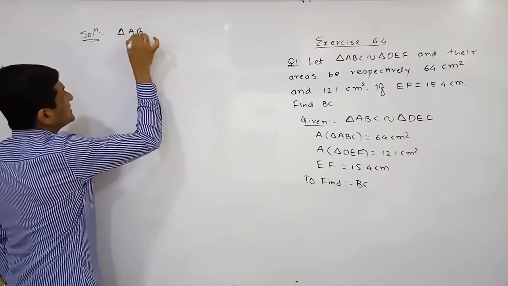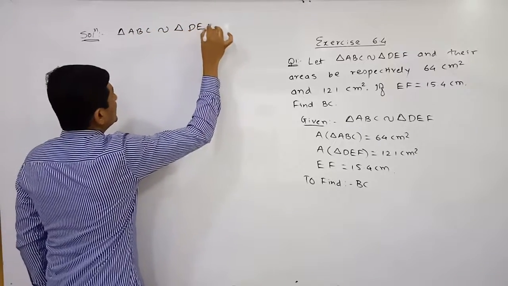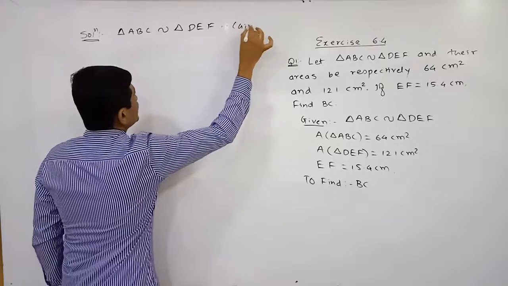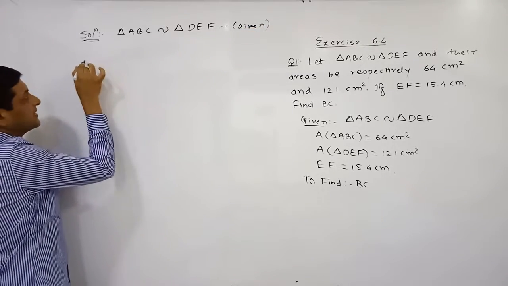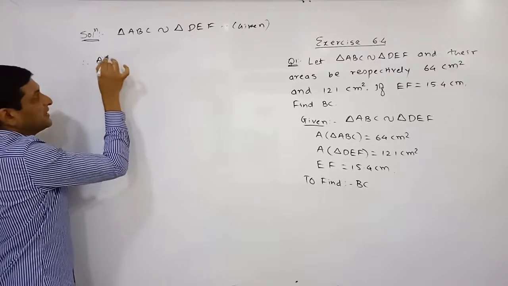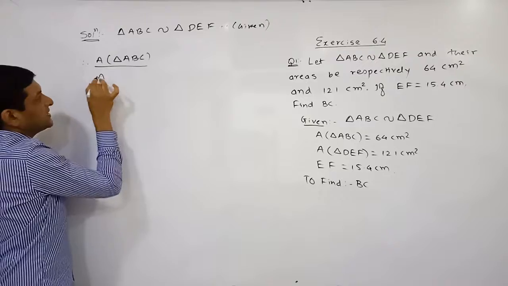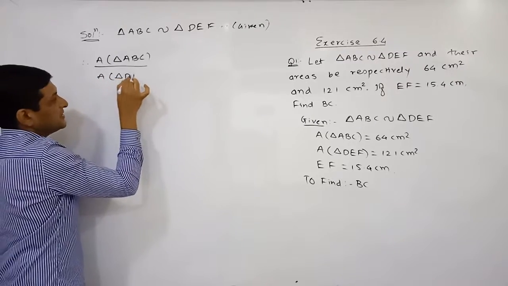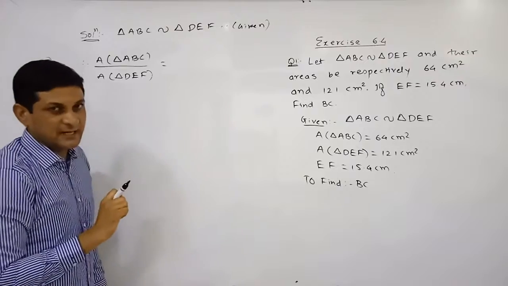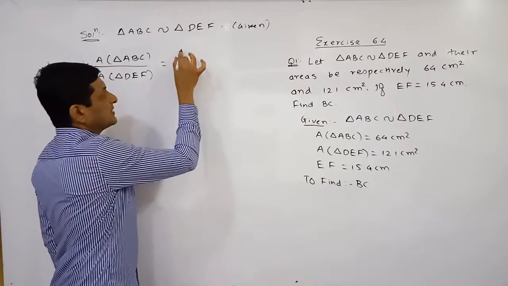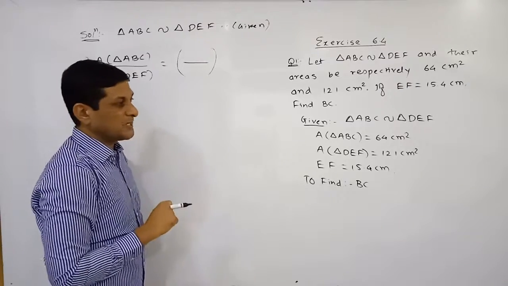Triangle ABC is similar to triangle DEF. It is given to us, and since these two triangles are similar, we can say that therefore area of triangle ABC upon area of triangle DEF, meaning we have taken the ratio of area of two similar triangles, and according to our theorem it is equal to the ratio of squares of corresponding sides.